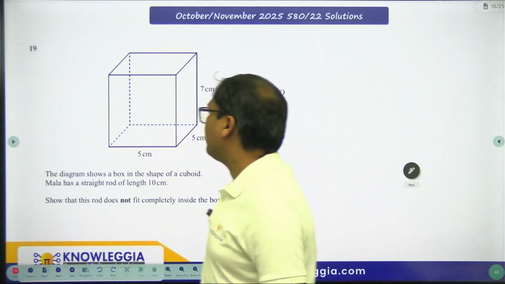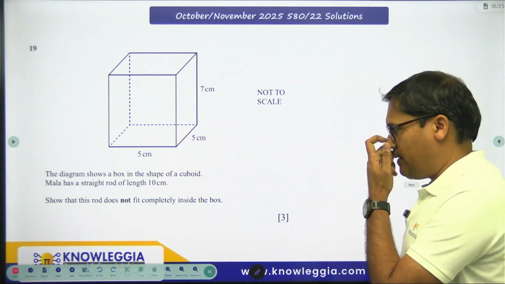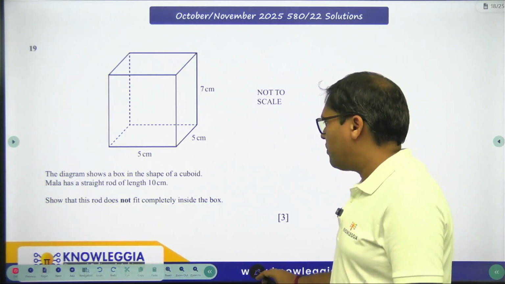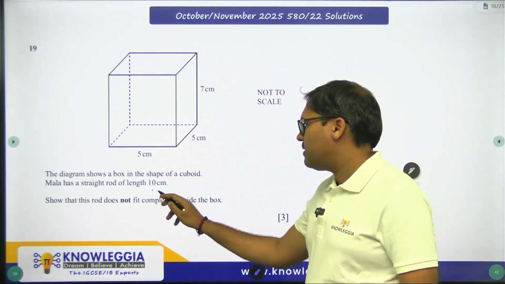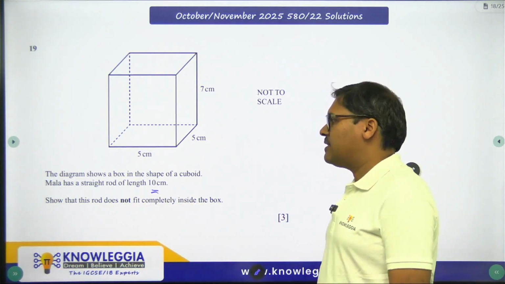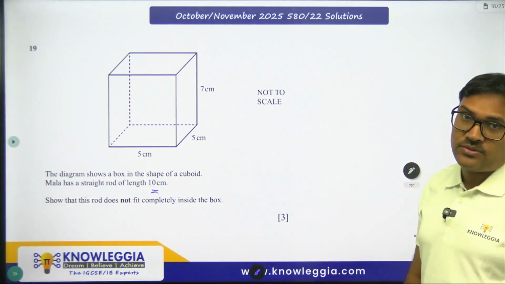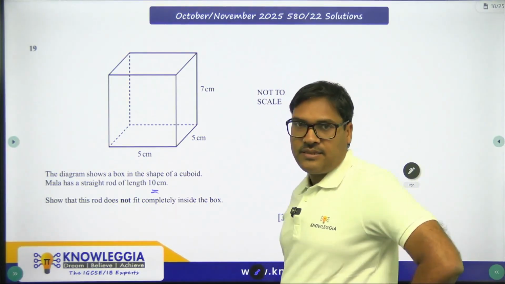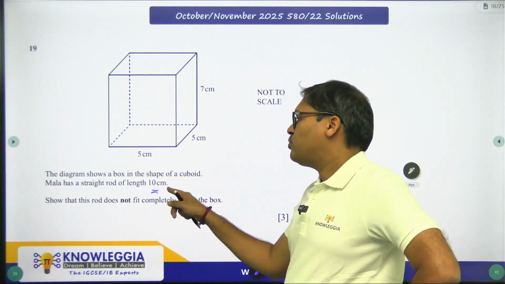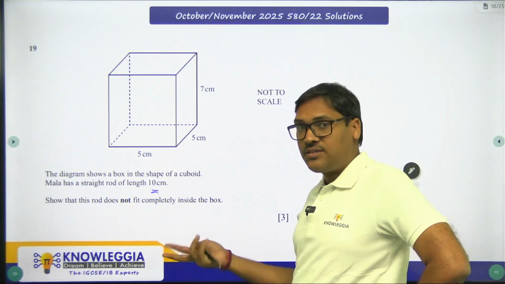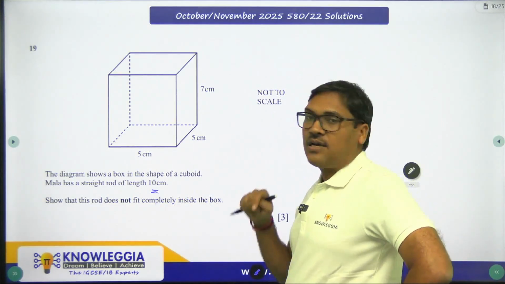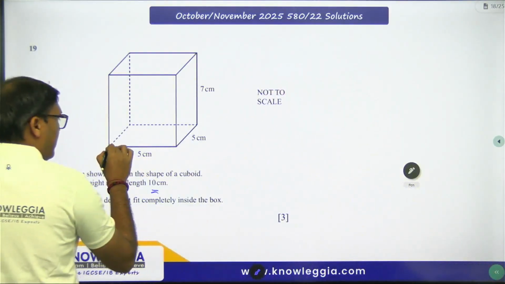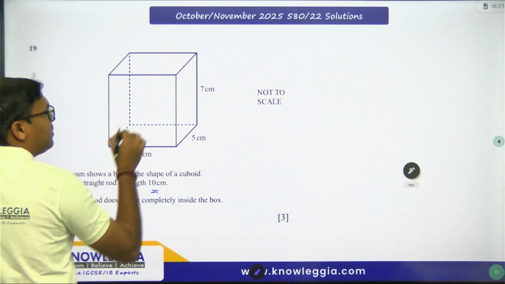Right. Next question. The diagram shows a cuboid. Mala has a straight rod of length 10 centimeter. Show that this rod does not fit completely inside the box. Now, if this has to fit in this, it should be less than its longest diagonal. What is the longest diagonal of this cuboid? You join this point to this point.